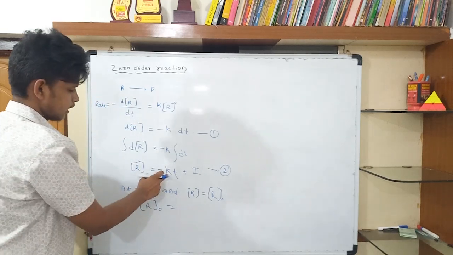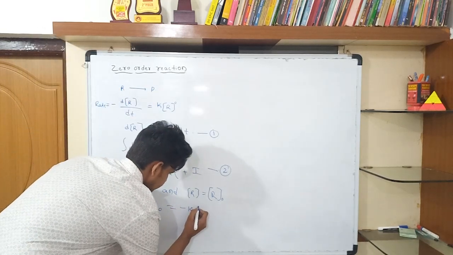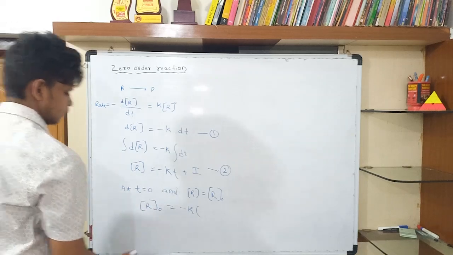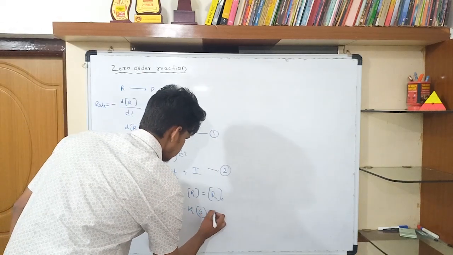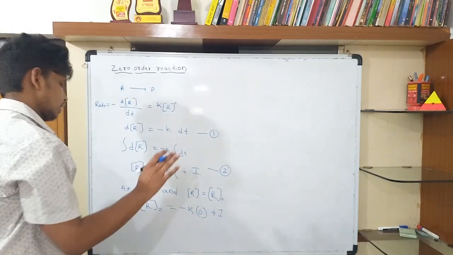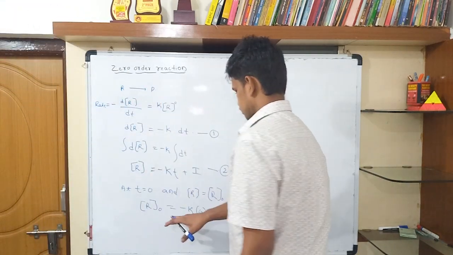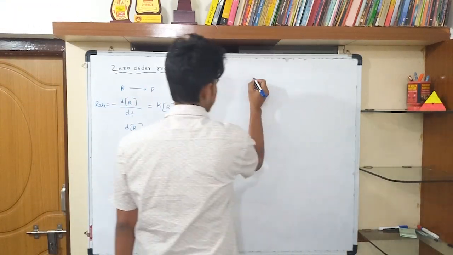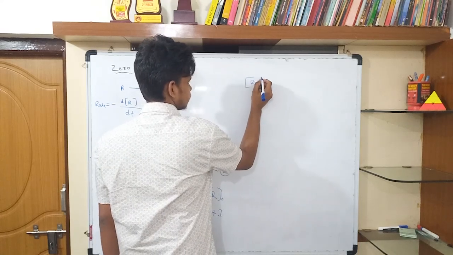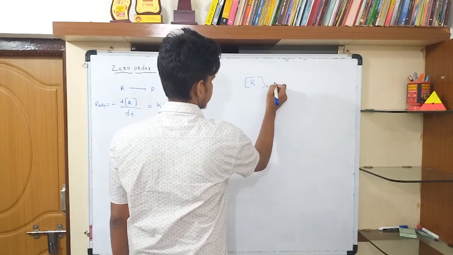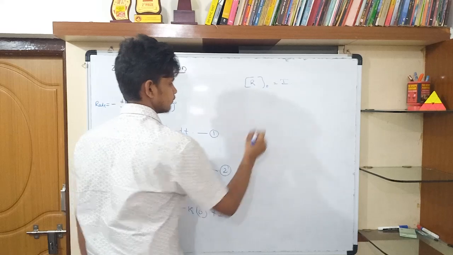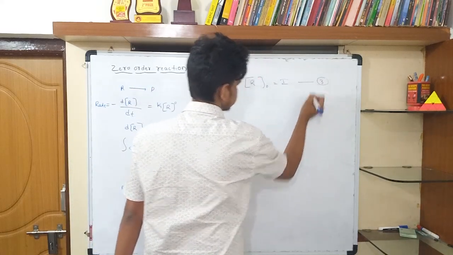equals minus k, in place of t you put 0, plus I as it is. After that, you simplify it and we get R naught equal to I. Consider this as equation number 3.